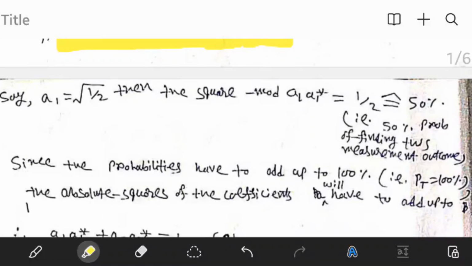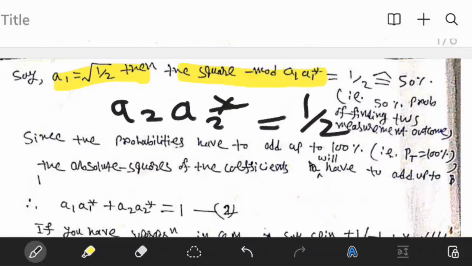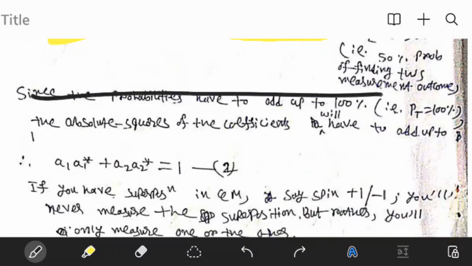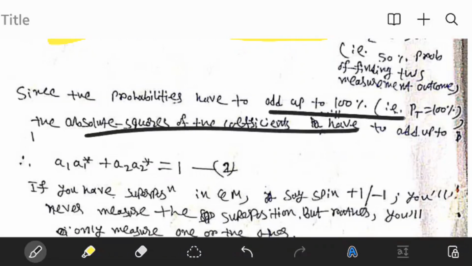Now also for simplicity, let's say a1 is square root of half, then the mod square |a1|^2 is half, that is 50%. So the other one will also be 50%, |a2|^2. It is also 50%. And why is it so? Because the probabilities must add up to 100%.